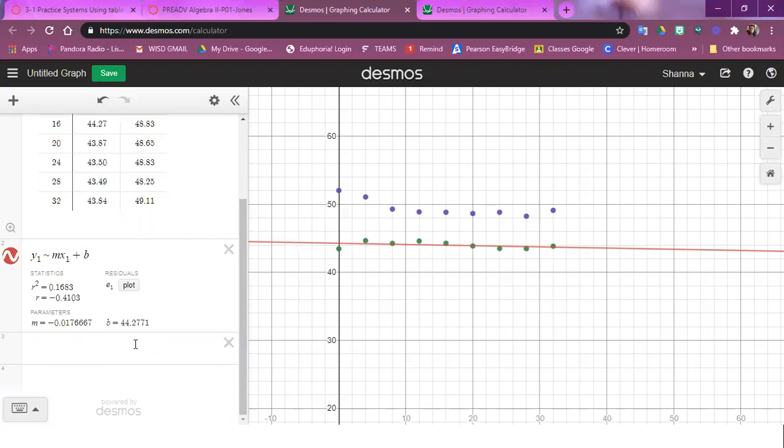Now, for running, isn't it a good thing that the times are decreasing? Yeah, because the goal is to get faster, right? So it's a good thing that it has a negative slope because the goal is to get faster. So our m equals negative 0.02 and our b equals 44.28.